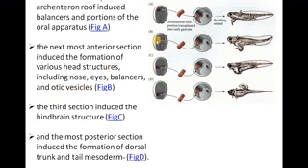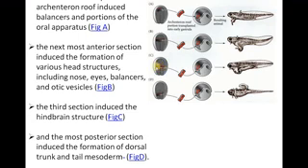If the next most anterior section is transplanted into the developing host embryo, it leads to different structures, such as an extra nose, eye, balancer, and otic vesicles. In the same way, the third section induced the hindbrain structure here.